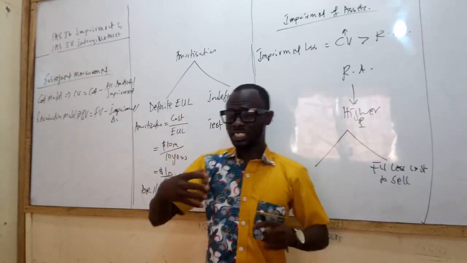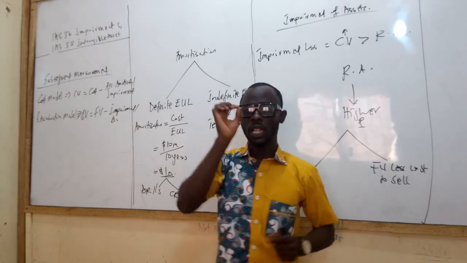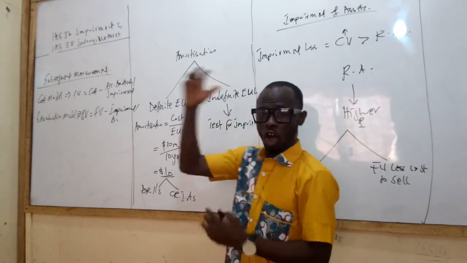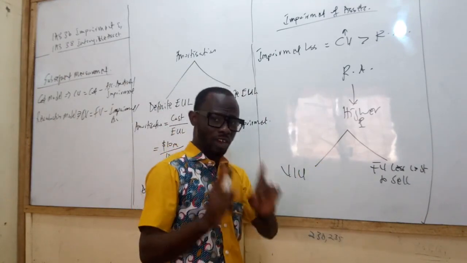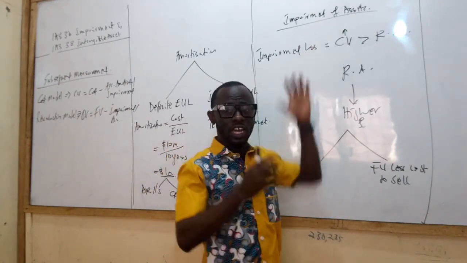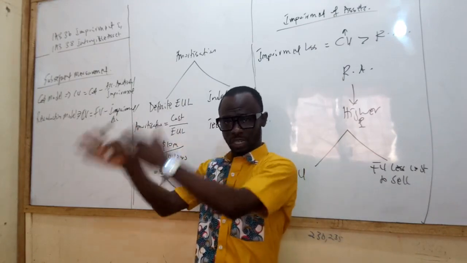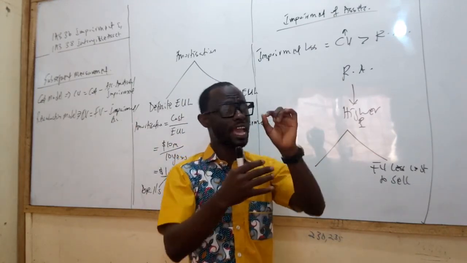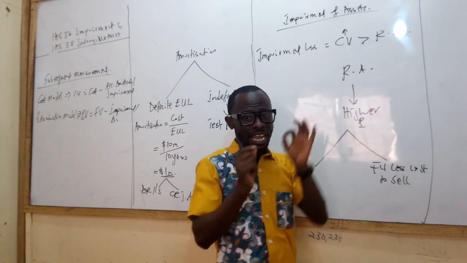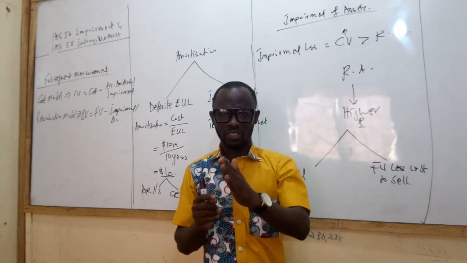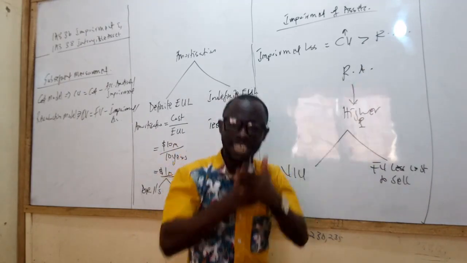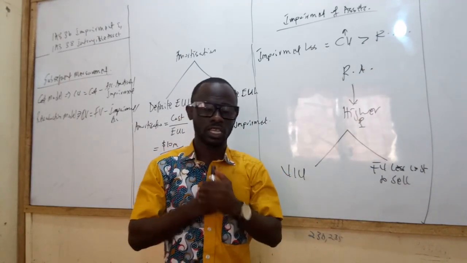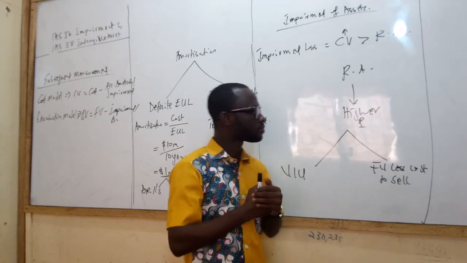Now, if we are testing for the impairment of that printer or of the subsidiary or the company that we have an investment in, the standard requires that we look at the carrying value of that equipment, of that subsidiary, and compare it against what? The recoverable amount. The standard went ahead to clarify that if the carrying value is greater than the recoverable amount, then the asset has suffered what? Impairment. I hope you got that.